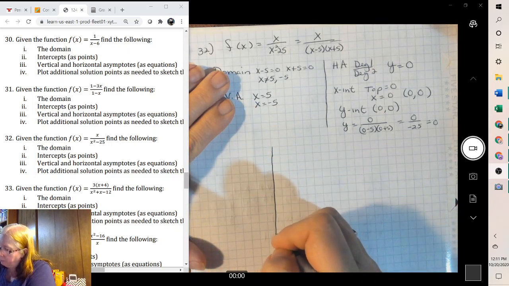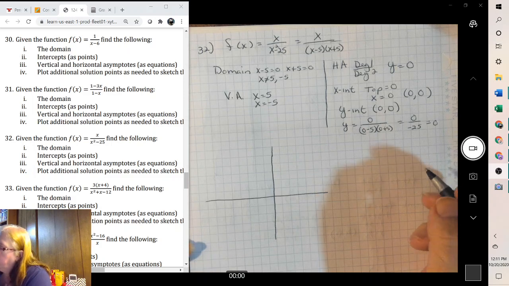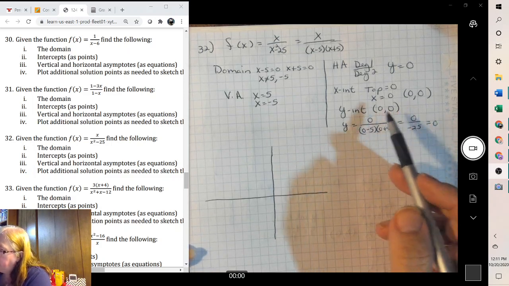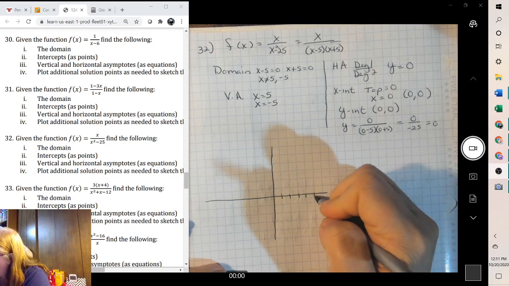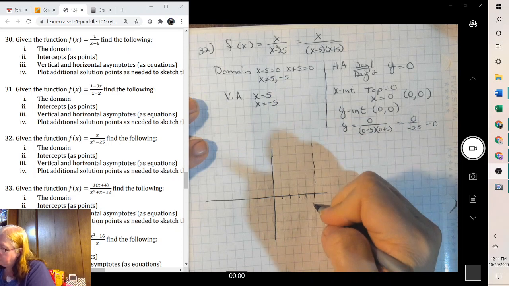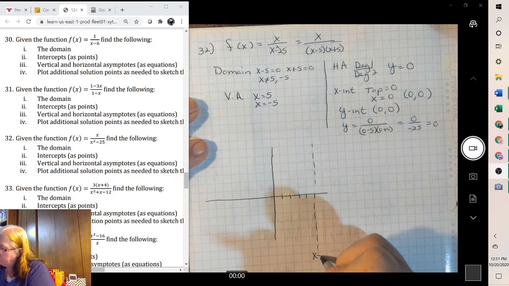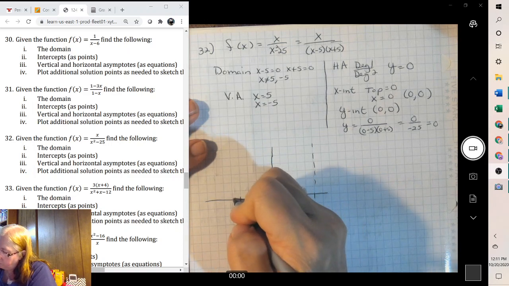If we graph it, we have vertical at 5 and -5. 1, 2, 3, 4, 5. And -5. 2, 3, 4, 5.